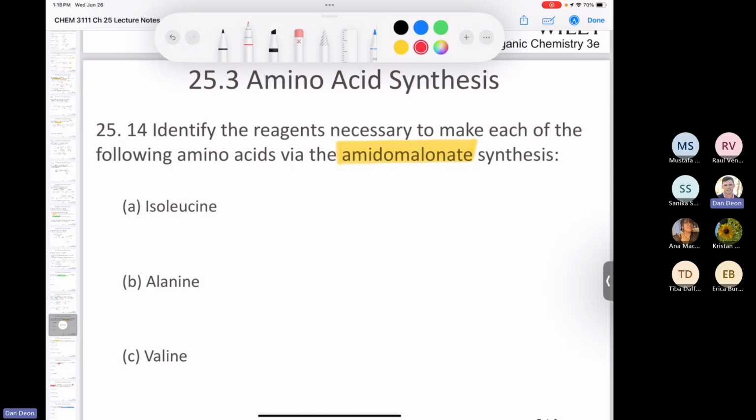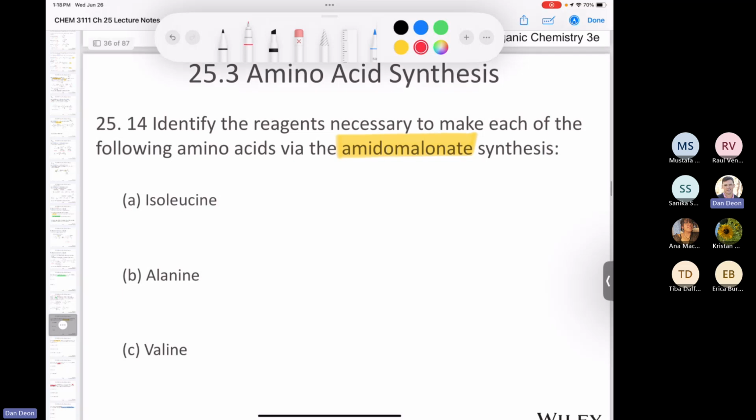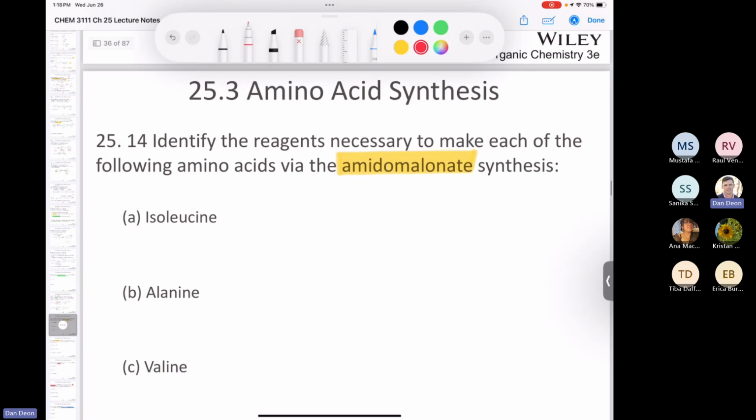And so if we think about isoleucine, what does isoleucine look like? Well, I'll put ILE for isoleucine, and then I'll just draw the structure here. So isoleucine has this bit here. So we have our amino group down here, and then we have our carboxyl group up here like this.